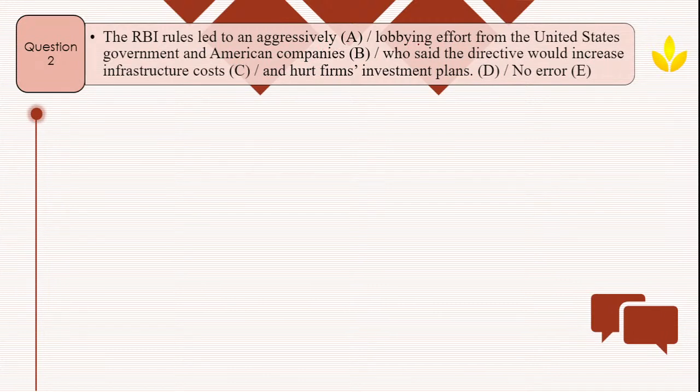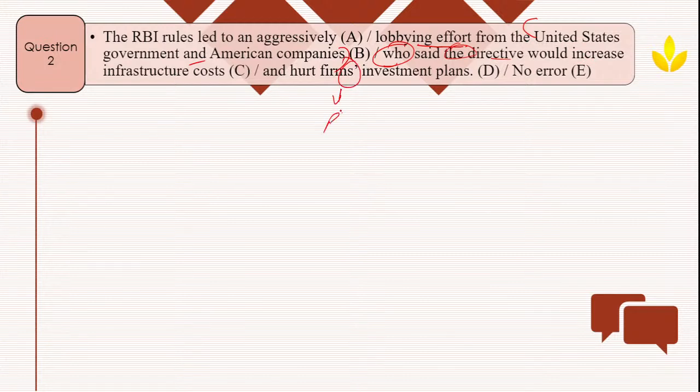Let's continue the sentence. Lobbying effort from the United States government and American companies, both are used, and this coordinative conjunction, it is okay. Who said? It implies these companies who said that the director would increase infrastructure cost and hurt firms.